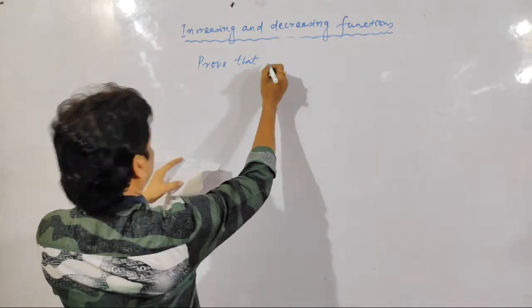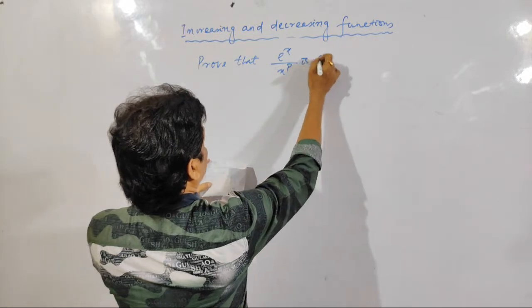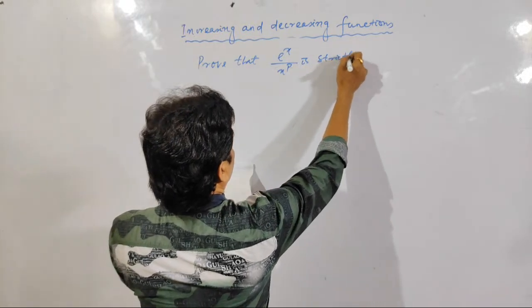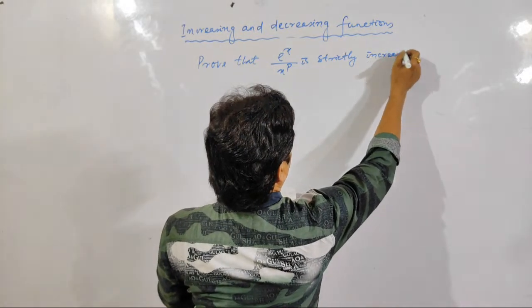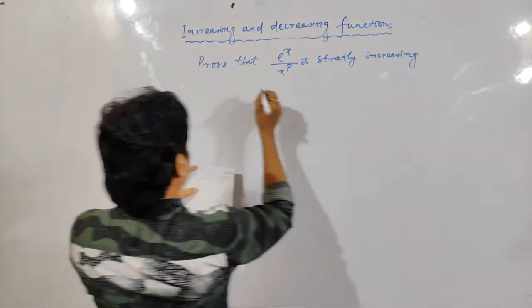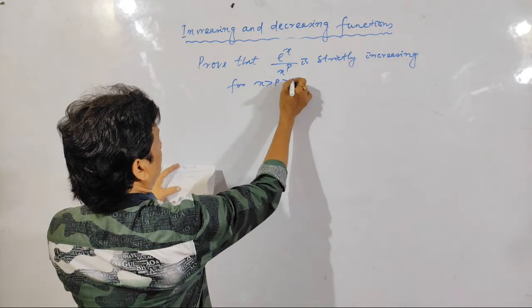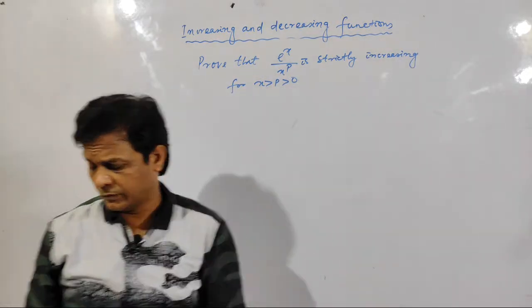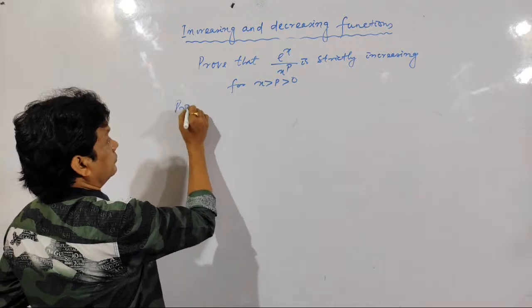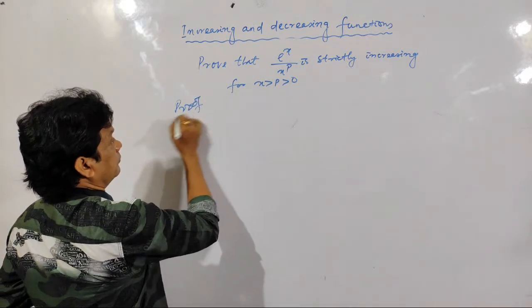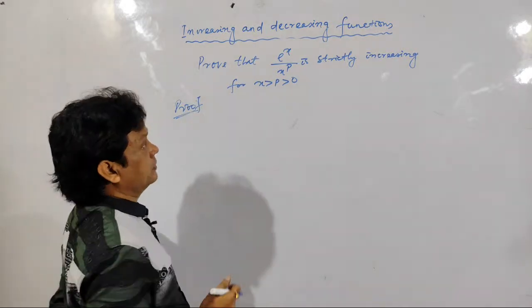Prove that e to the power x by x to the power p is strictly increasing for x greater than p greater than 0. The last question for today's class.